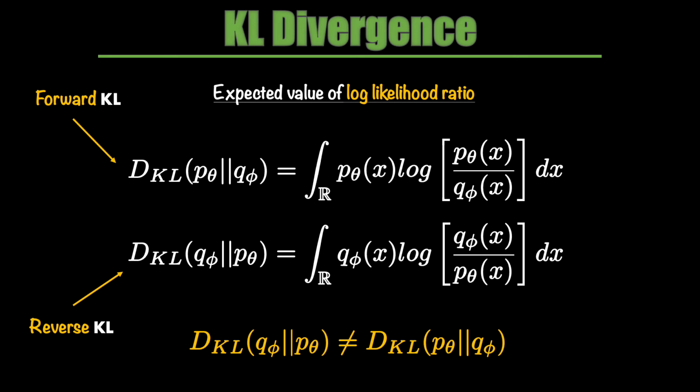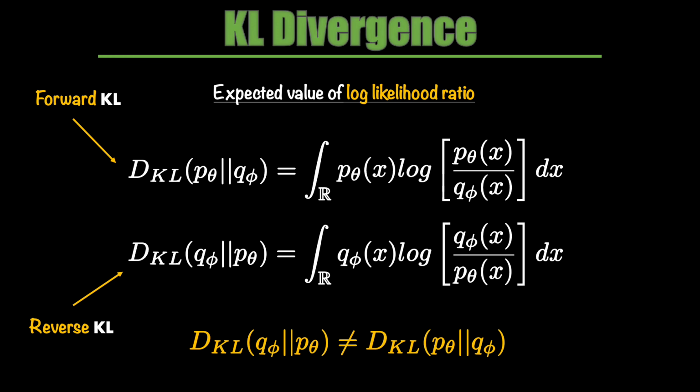The next obvious question that should occur to you is which one should you use when, since these give you different measures of similarity. And the short answer to that is that it depends on your application.